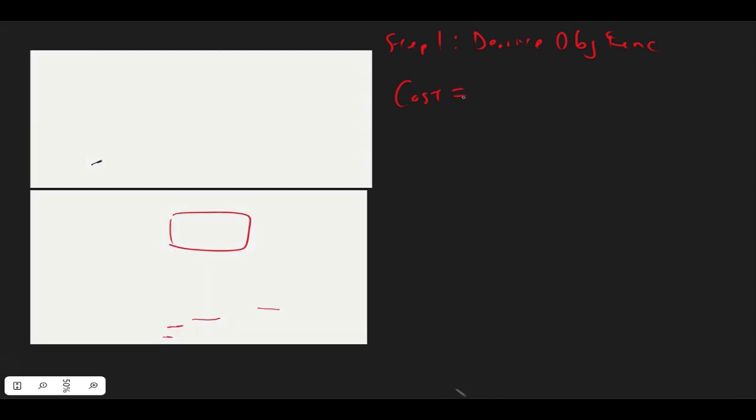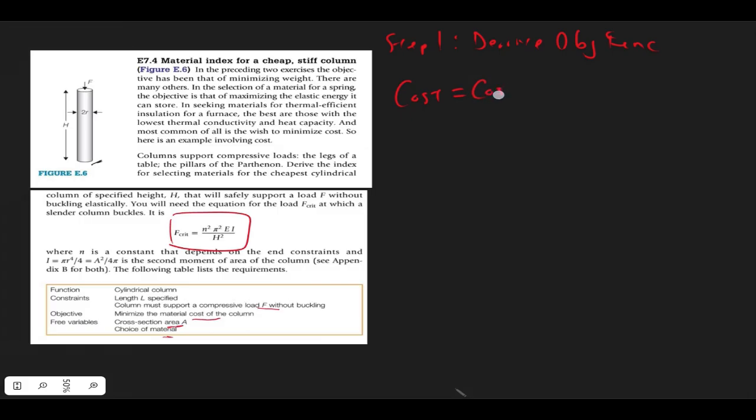They always sell a material in terms of kg, so it's always cost per kg times the mass. If you're trying to reduce cost, you're going to reduce the cost per kg times the mass of the material.